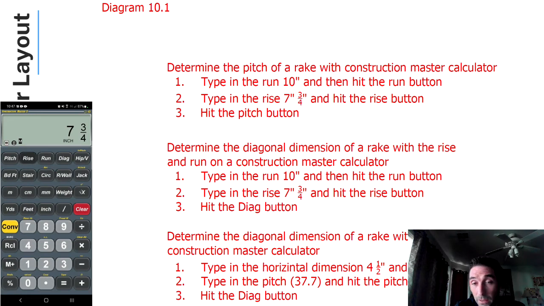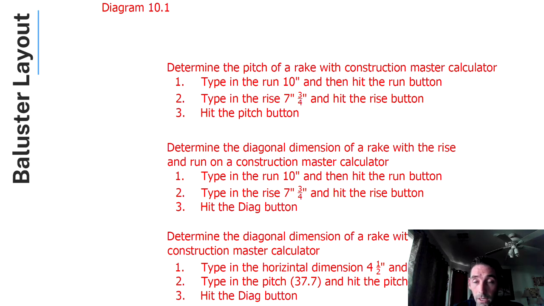Now instead of hitting the pitch button, I'm going to hit the diagonal button. That diagonal button tells me from point to point, from nose to nose on my stair, I'm 12 5/8. Okay. You can do that for the whole length of the stair. You can do that for one run, but these are things you'll need to know in order to calculate layout on a rake.